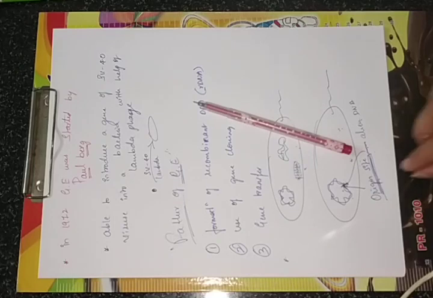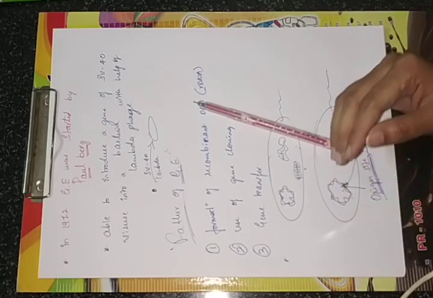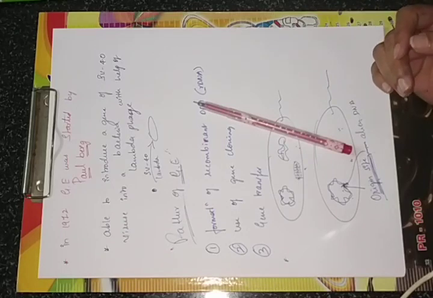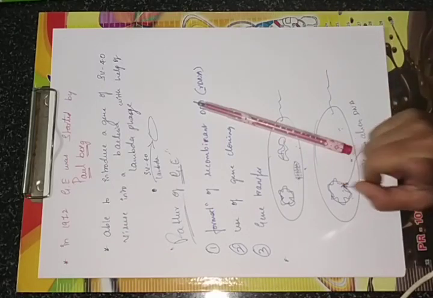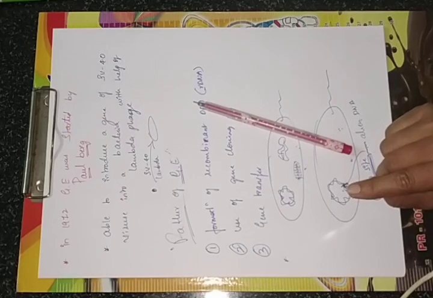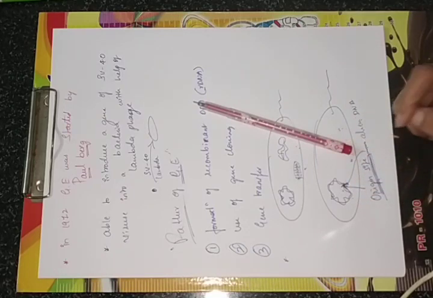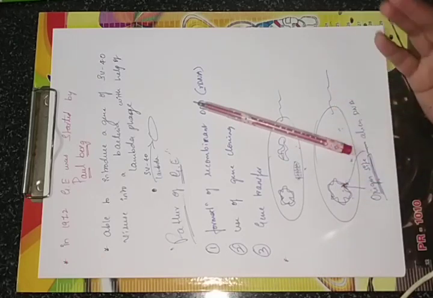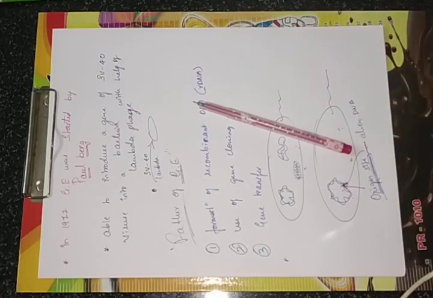Cloning means rather than a single copy, it is better to have 100 copies, 1000 copies, lakhs of copies. Why? Because if only one gene is multiplied, only one protein is going to form. If the same gene multiplies in millions, the quantity is more, which means the productivity will be more. That is why cloning is very important in this manner.